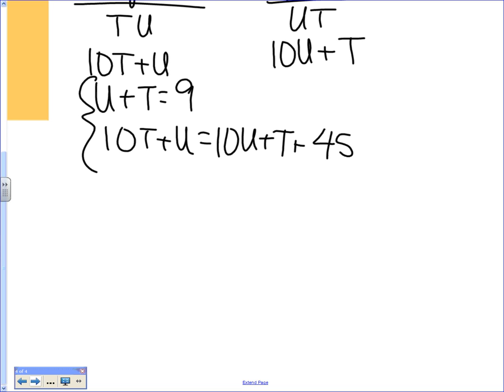Okay, what would you get for the second equation? Minus 10. Minus 10. Right? Then what?